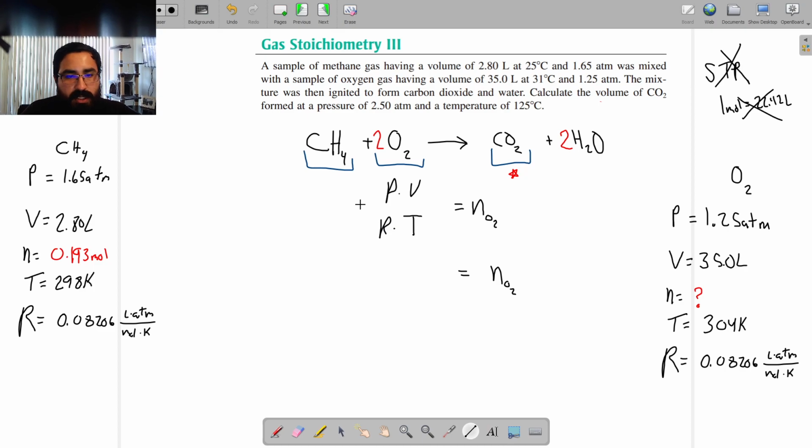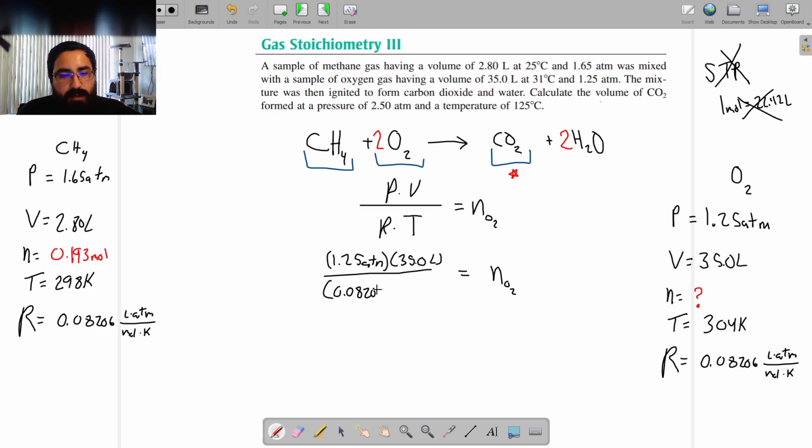You're going to be like, Mr. Sanchez doesn't know how to write lines, even though there's a tool for it at the bottom. And then let's write that over here. We got 1.25 atm. The volume is 35.0 liters. The R value, 0.0. Oh, I should have copied and pasted it.